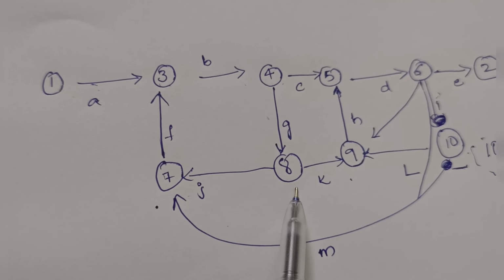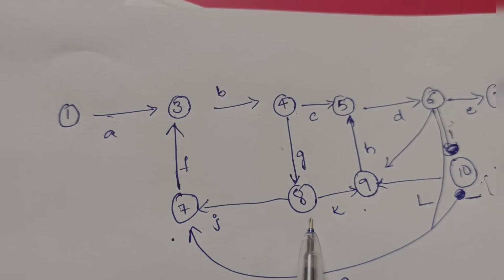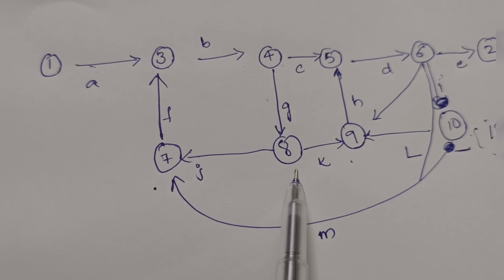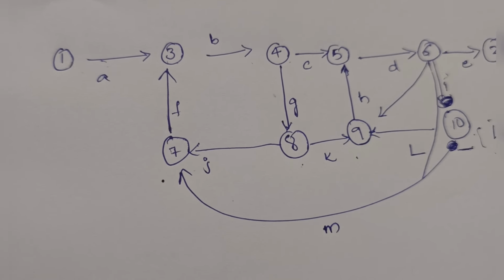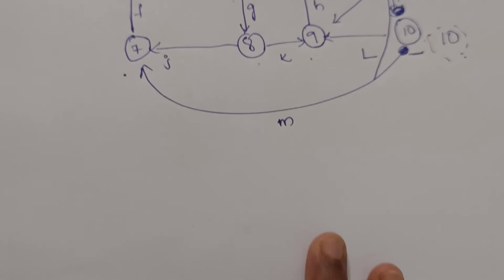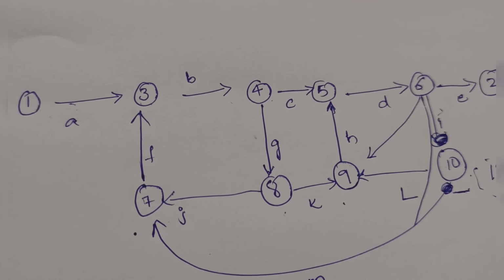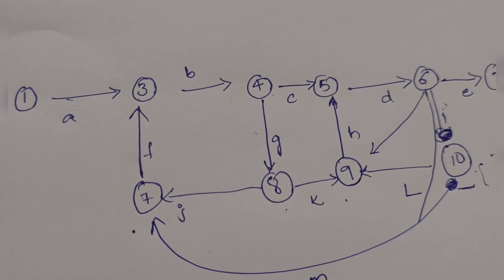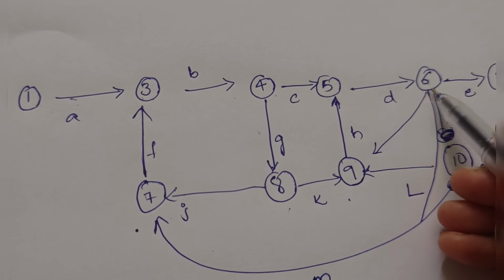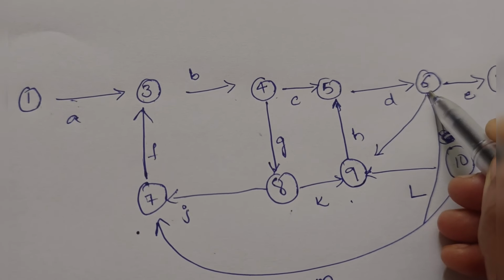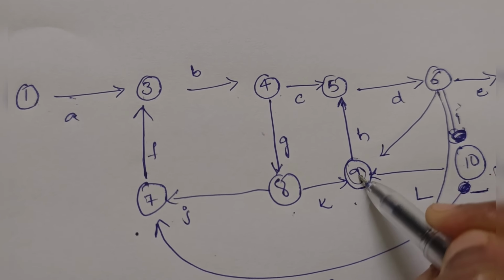We can remove this node by applying the arbitrary node reduction function. One minute. Here we can take this. From 6th, directly we are leaving the 9th node.